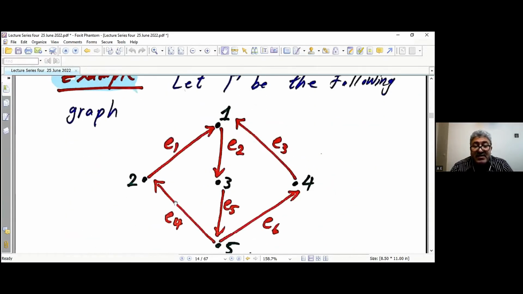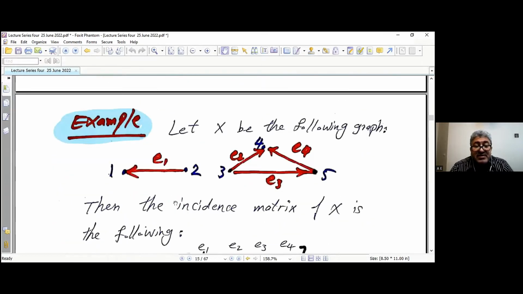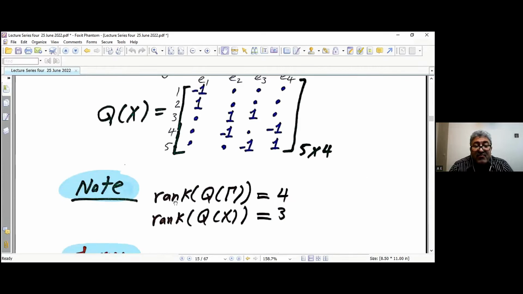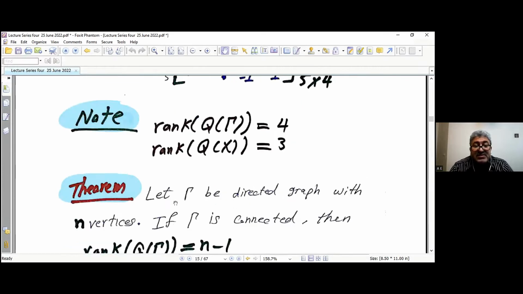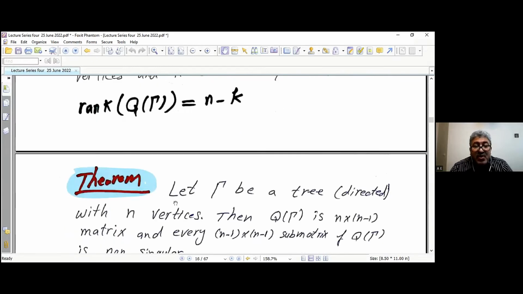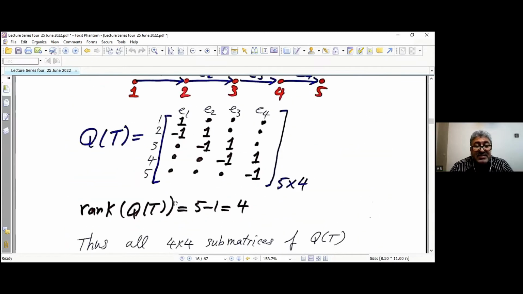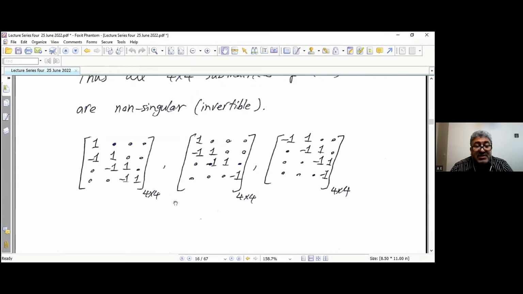And then I introduced one special case of this matrix, which was the one incidence matrix.